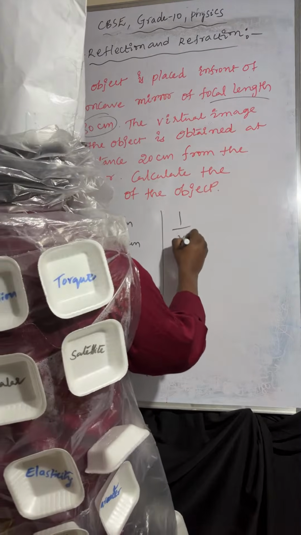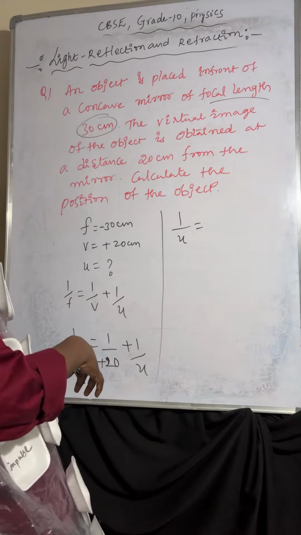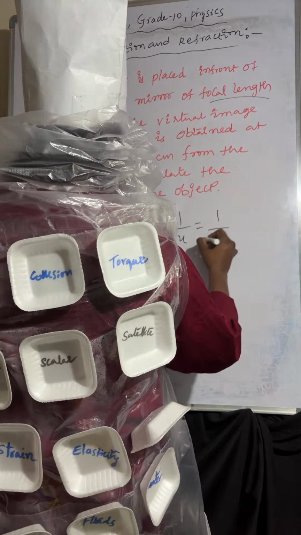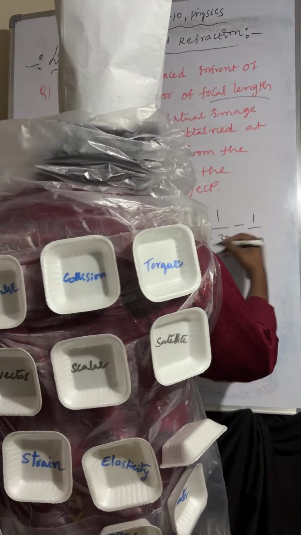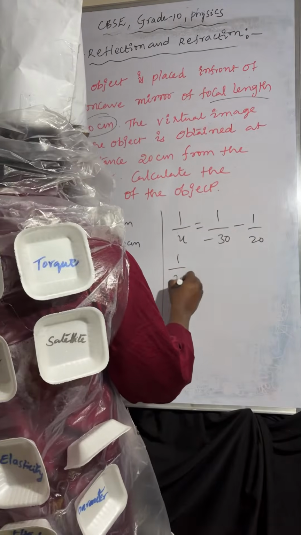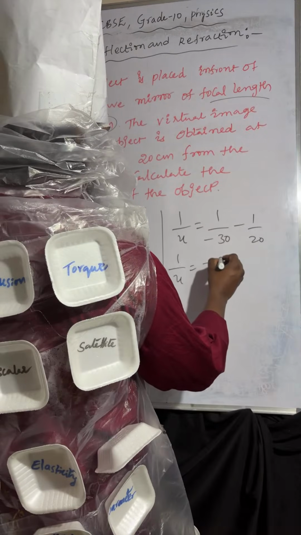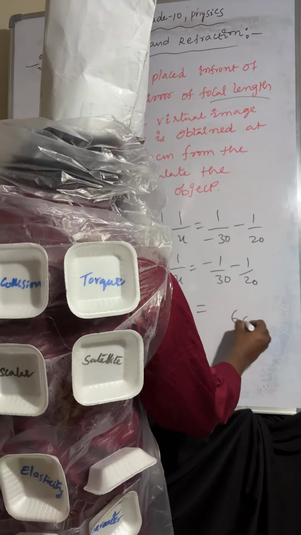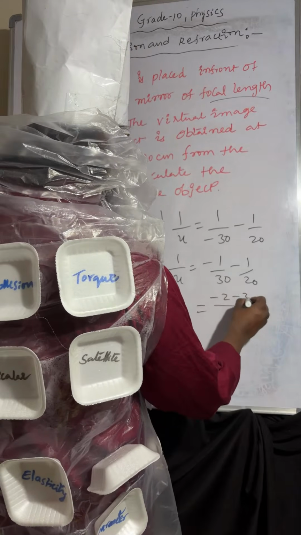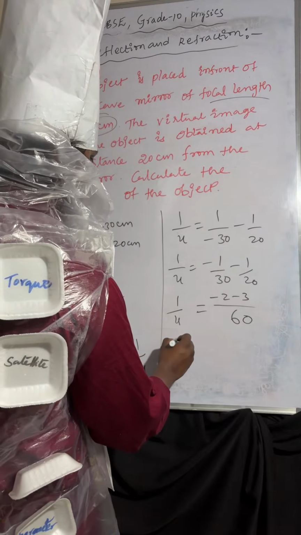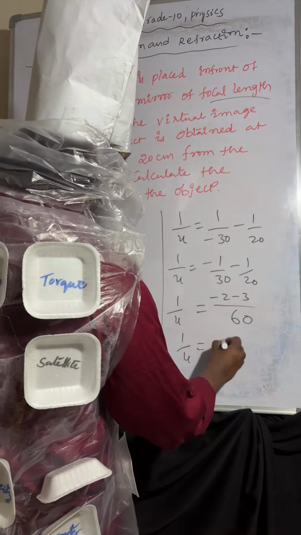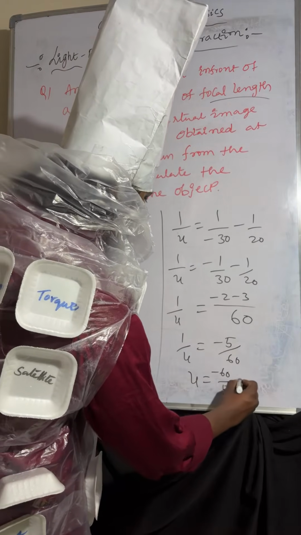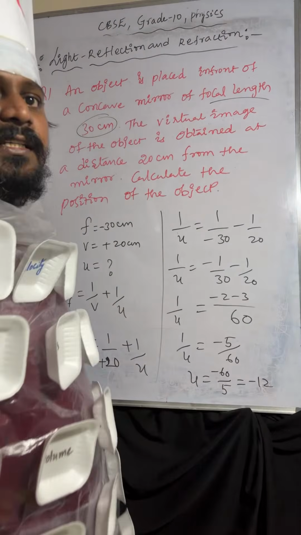So 1 by u equals, moving it across, a minus sign forms: minus 1 by 30 minus 1 by 20. Taking LCM 60, minus 2 minus 3, so 1 by u equals minus 5 by 60, u equals minus 60 by 5, that is minus 12. Object distance is minus 12.